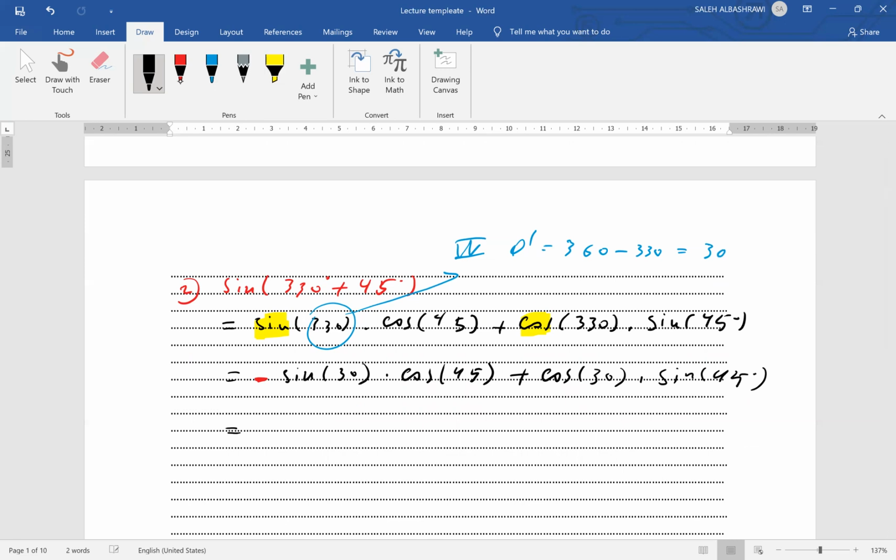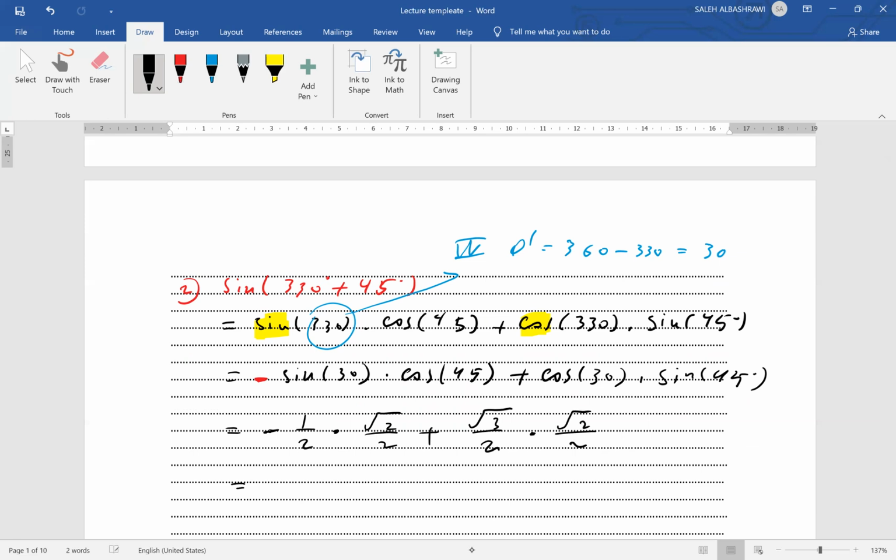This is equal to minus sine of 30, which is 1/2, times cosine 45, square root of 2 divided by 2, plus cosine of 30, square root of 3 divided by 2, multiplied by sine of 45, which is square root of 2 divided by 2.